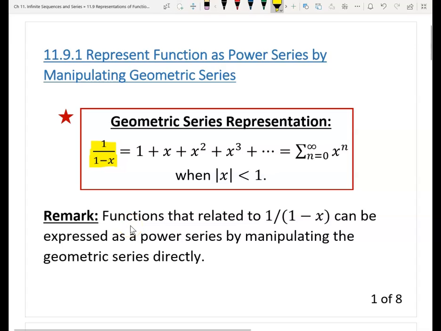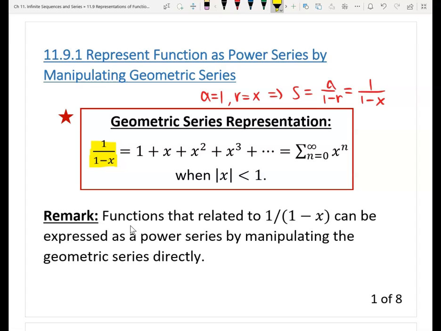Of course, for this geometric series, we have a equals 1, r, the common ratio, equals x. Therefore, following the formula, the sum is a over 1 minus r, which equals 1 over 1 minus x. Can you see that's the function?